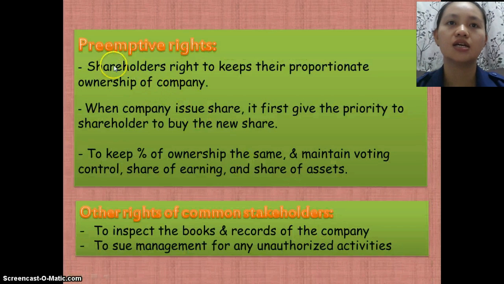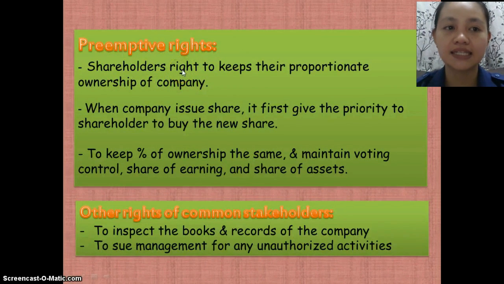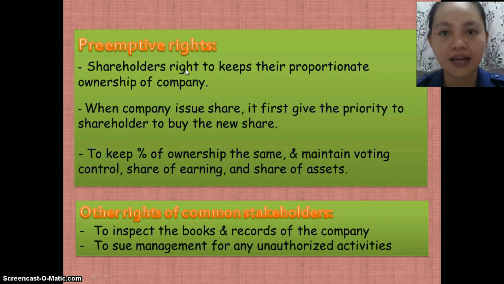Next is the preemptive rights. A right is an option that gives the existing shareholders an opportunity to acquire additional new shares at a specified subscription price or exercise price.